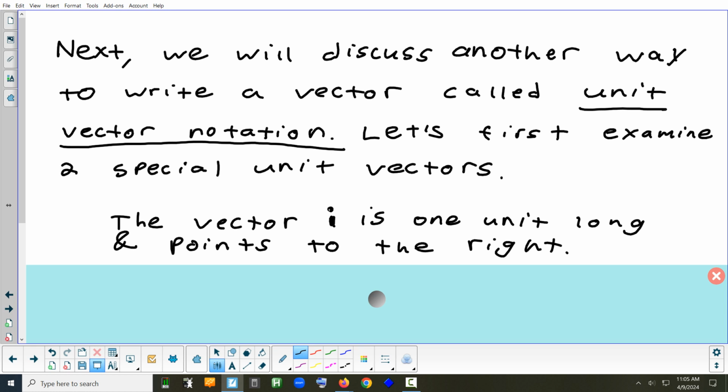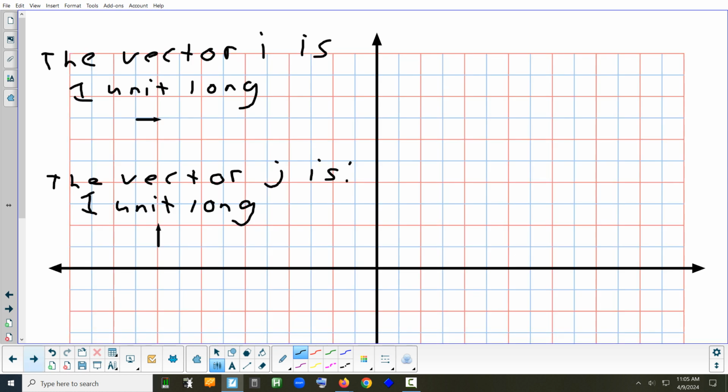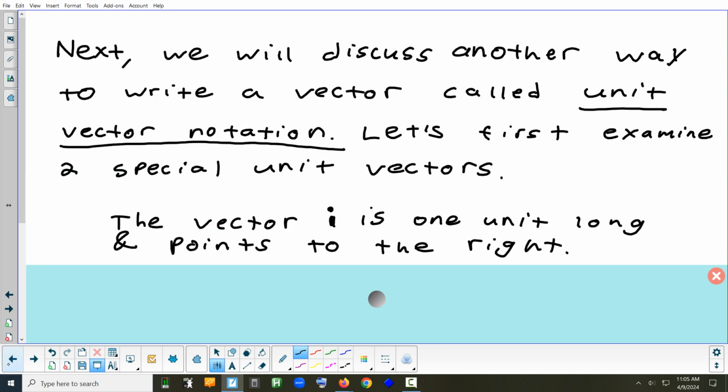So we're going to look at two special unit vectors. Okay. First one is I. Okay. I is a unit vector, and it points to the right. So if you want to see a picture of what it looks like, that's what it looks like. That's called an I. I can't be anything other than that.